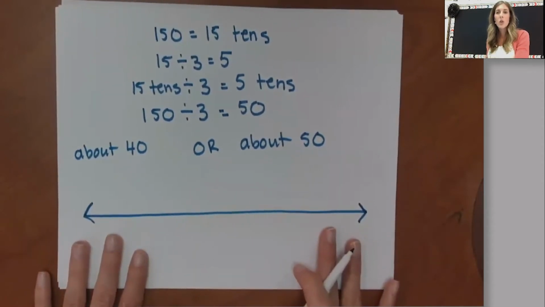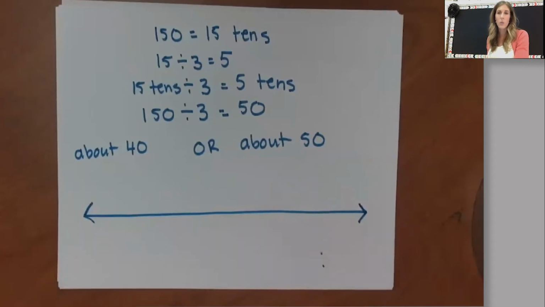And our original equation was 132 divided by 3. And then our compatible numbers that we found were 120, 150. So we need to make sure that our number line is able to represent those numbers. Our smallest number was 120, our biggest number was 150.